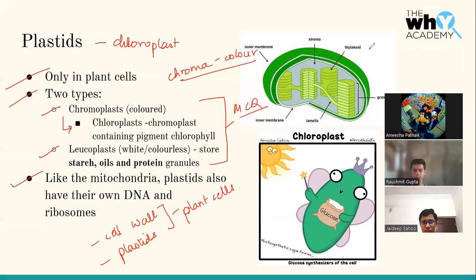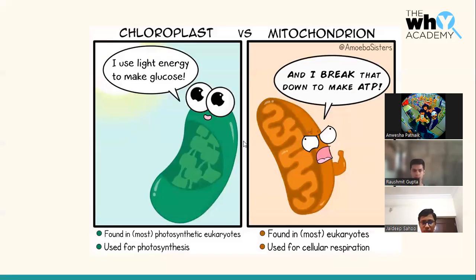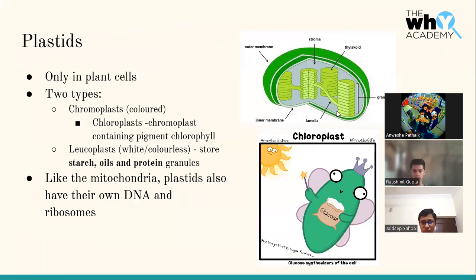The function of plastids. Okay. I did not add one. Right. So you can add the function here only. I'll write it here. Function of chloroplast is to perform photosynthesis.